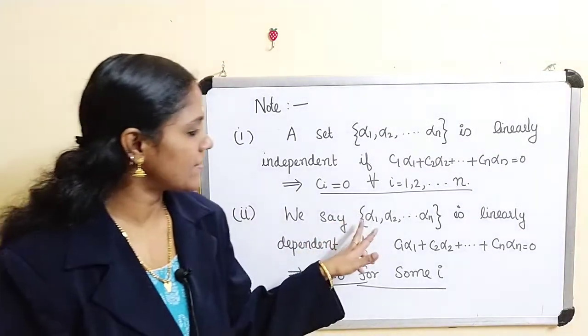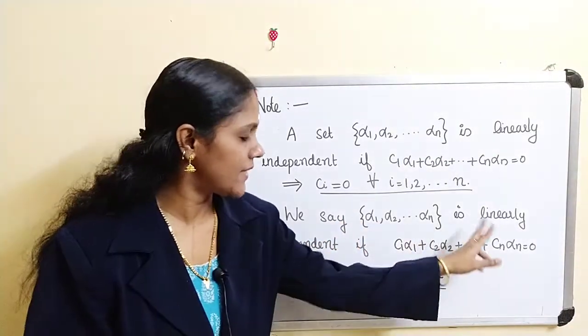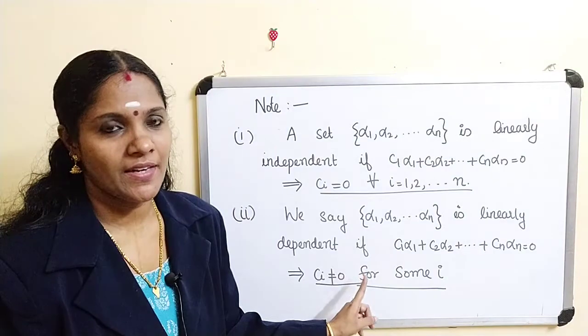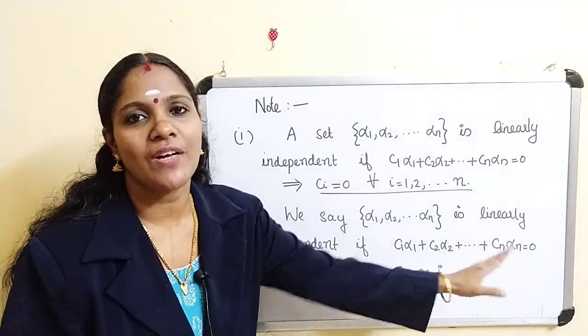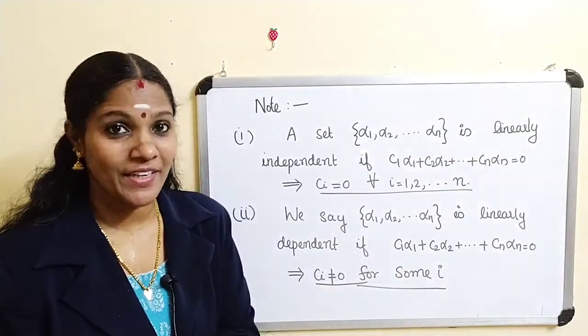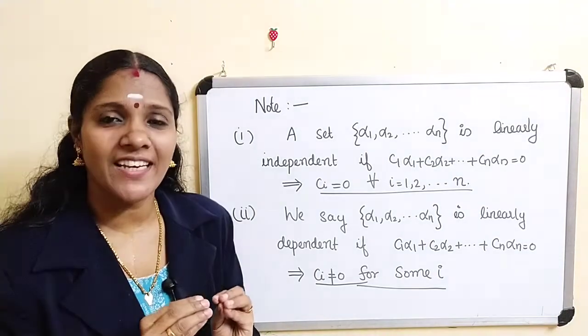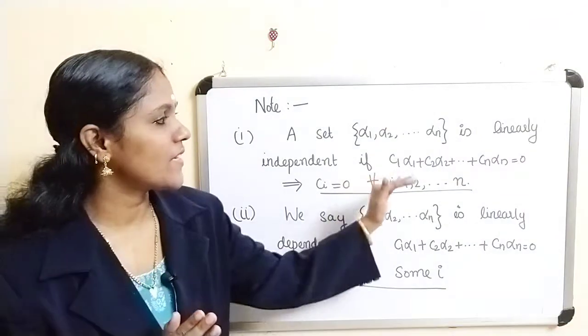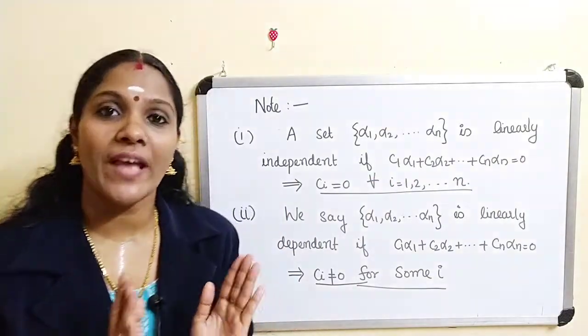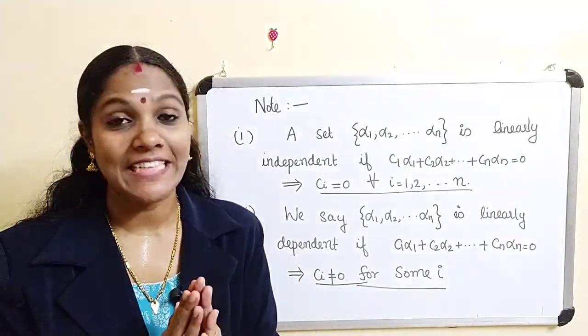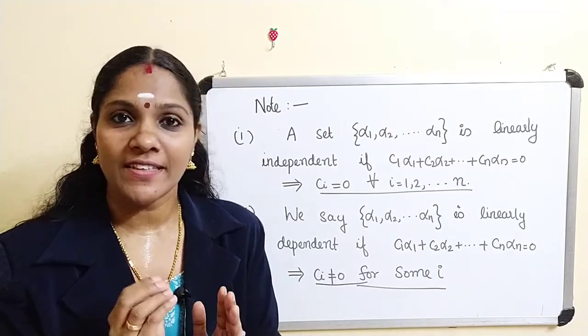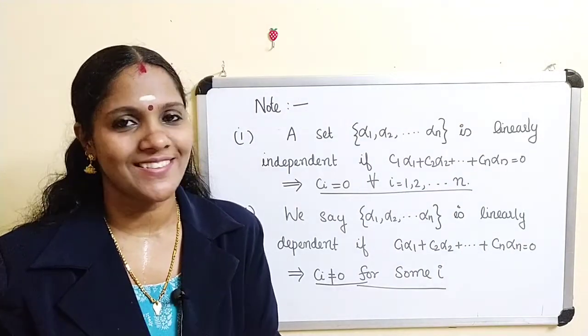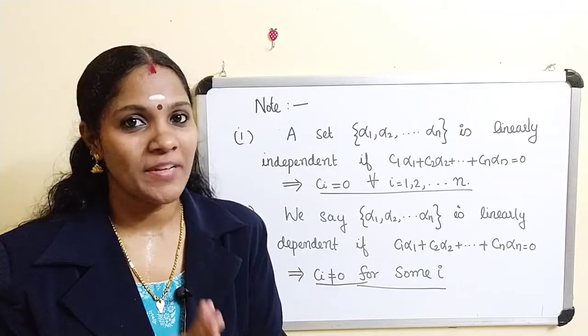Similarly, the set is linearly dependent if C1 alpha 1 plus etc. plus Cn alpha n equal to 0 with Ci not equal to 0 for some i. If this equal to 0 implies Ci equal to 0 for every i, the set is linearly independent. If there is some Ci not equal to 0, then that set is linearly dependent.